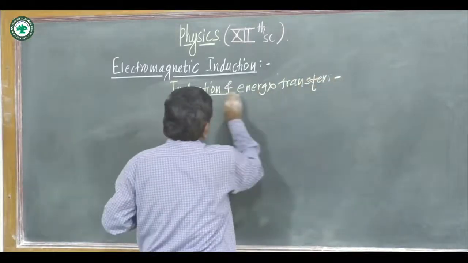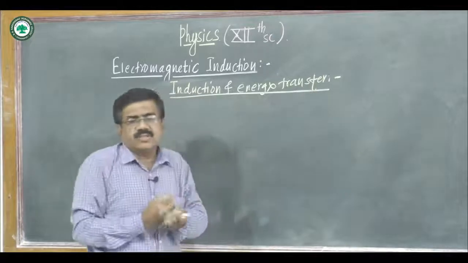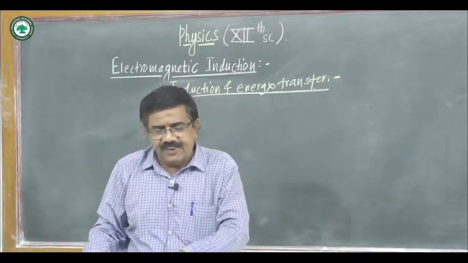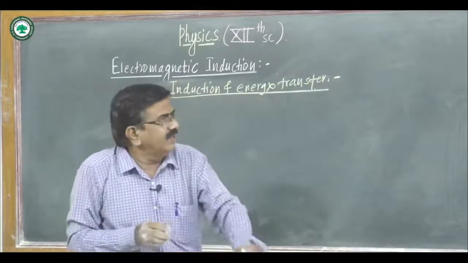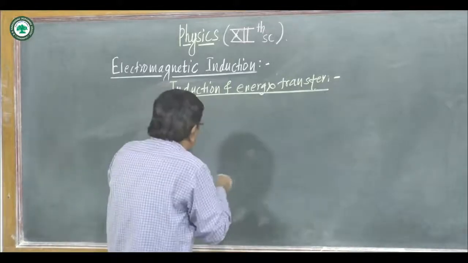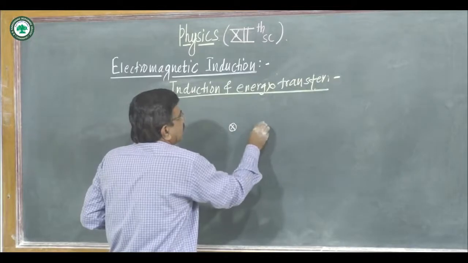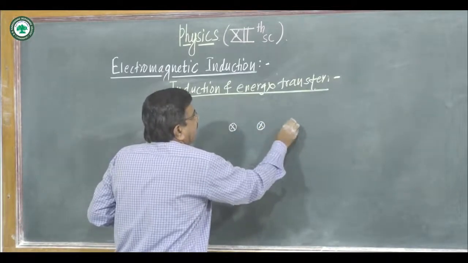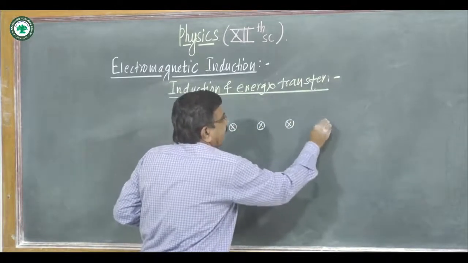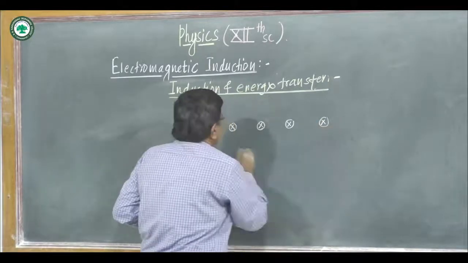Induction and energy transfer. Here also we consider a magnetic field perpendicular to the plane of the paper or plane of the board. This magnetic field is like this. These crosses indicate the magnetic field is perpendicular but directed inward, like this.